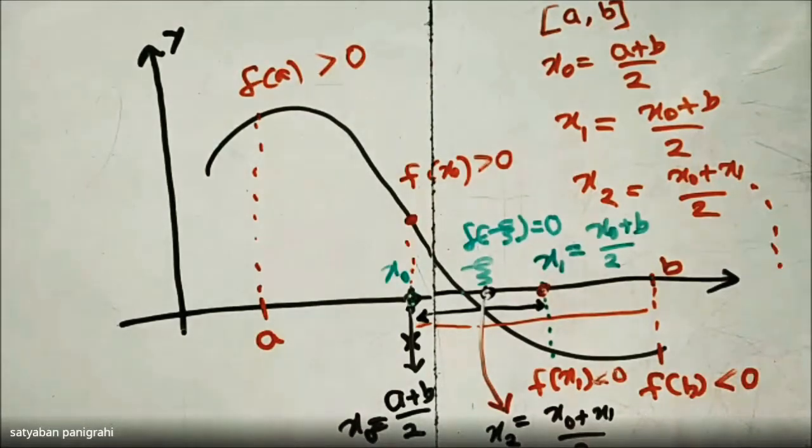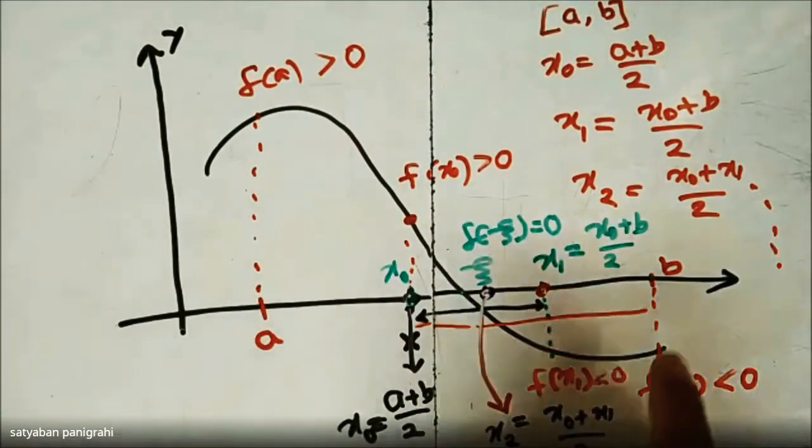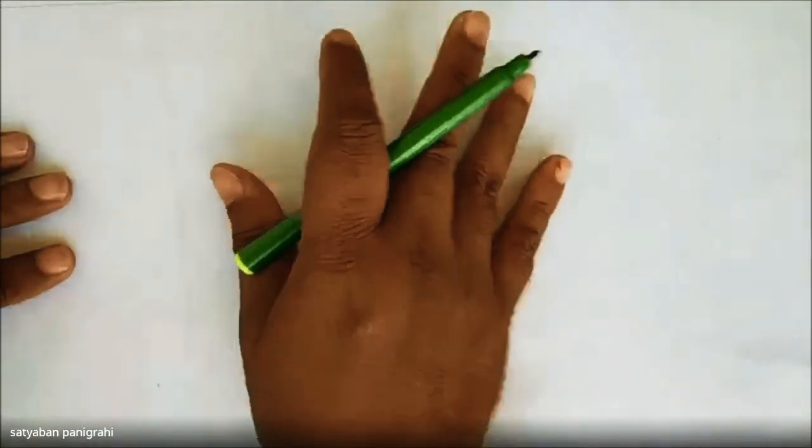Now, look here. At every step, we are breaking the interval into half. Knowing this, what do we write?